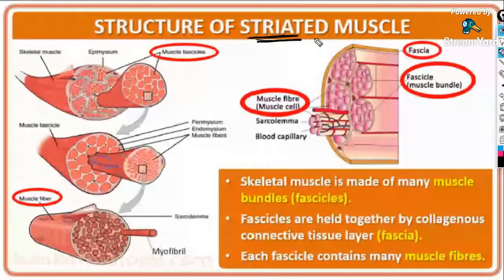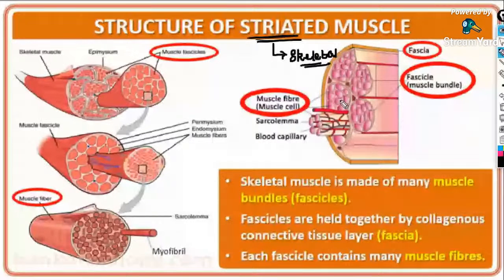In yesterday's class we studied that striated muscles are skeletal muscles, those muscles which are voluntary and associated with the skeletal system of our body, right?